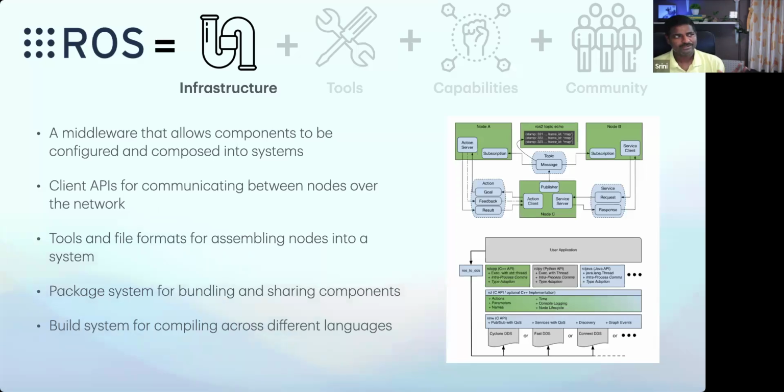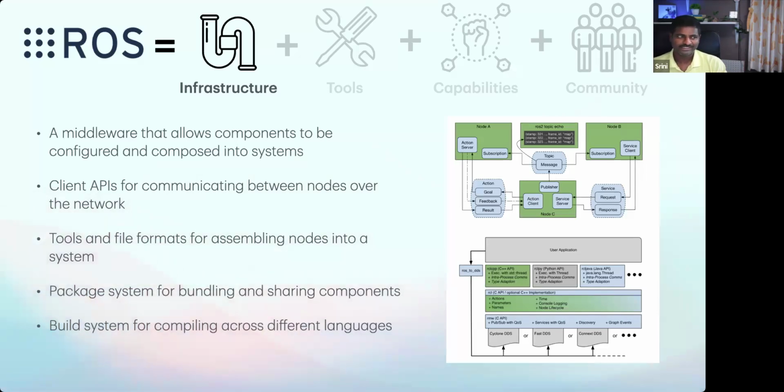Essentially, you can think of ROS as a way to architect your system. It helps in system engineering. You can now think of things as components and blocks, and use that to assemble a system like a Lego system. And then the next part is that it provides a package system for building and sharing components.